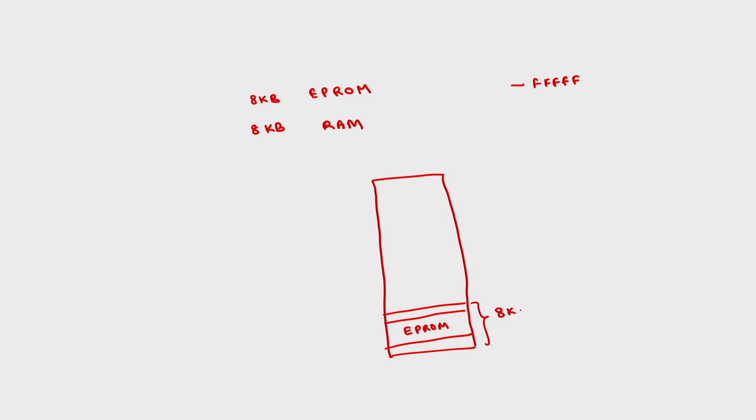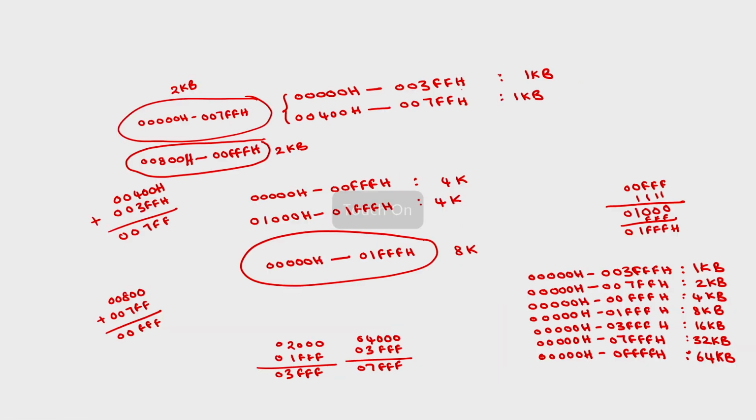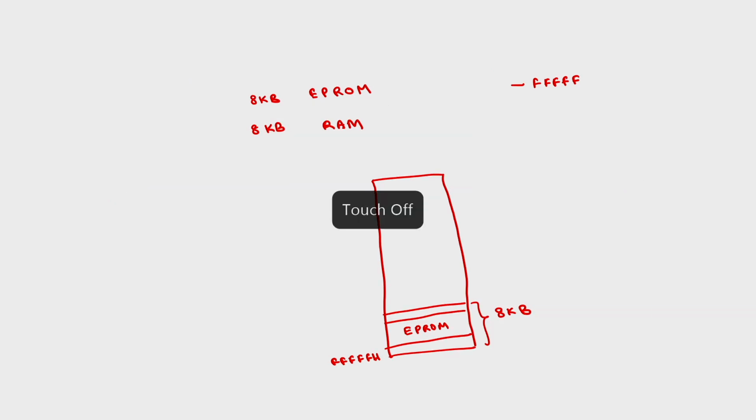This is 8 kilobytes. So if the ending address is FFFFFH, what is the starting address? For 8K it should be 1FFF. You have to subtract 1FFF from here.